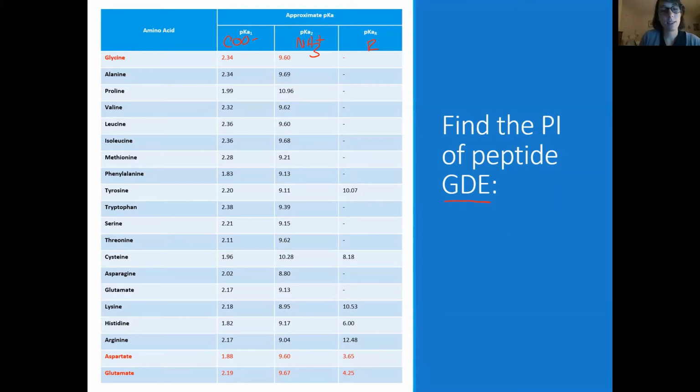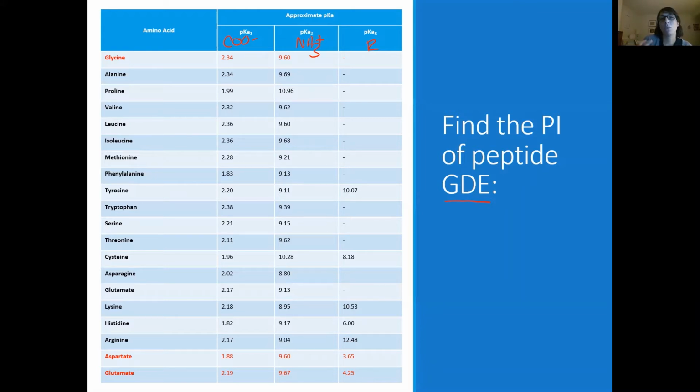This one is going to be related to the pKa's that have been highlighted. So G in this case is glycine, and you can see I've highlighted in red all of the pKa's that are related to glycine. D, our aspartic acid or aspartate, is highlighted as well in red at the bottom, and E, glutamic acid or glutamate, is highlighted in red at the bottom.